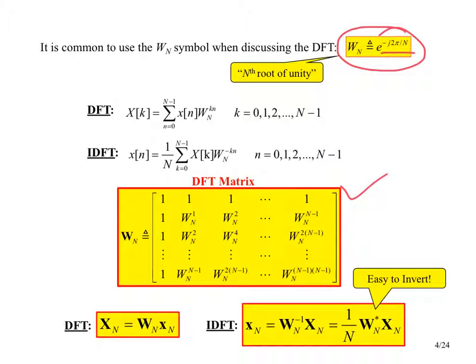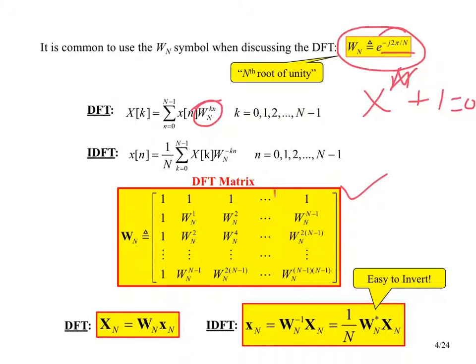And that's actually just taking the nth root of, well, it's called the nth root of unity, and it's basically finding all the solutions of, say, x to the n plus 1 is equal to 0. So anyway, it's just an easier notation for writing out those complex exponentials, that's all.